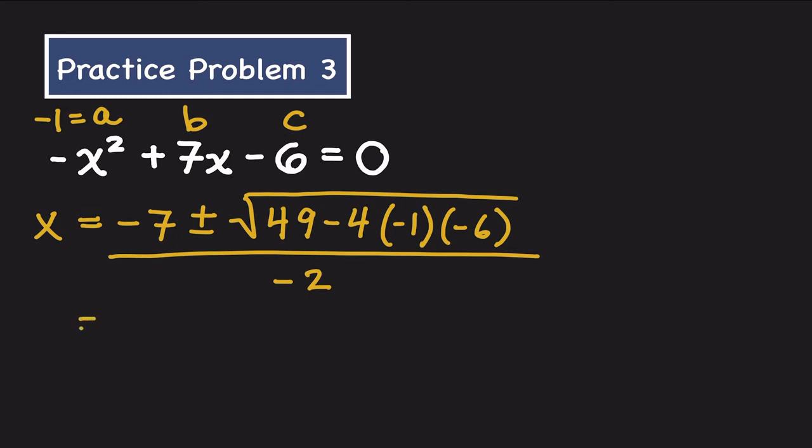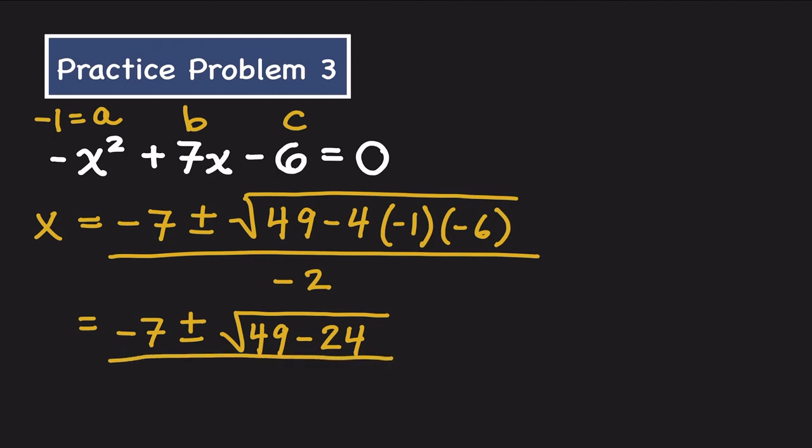All right, let's clean this up. We'll get negative 7 plus or minus the square root of 49 minus 24. We have 3 negatives being multiplied by each other, so that's going to result in a negative 24 at the end of the day, over negative 2.